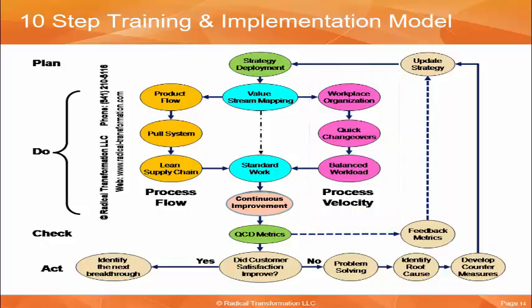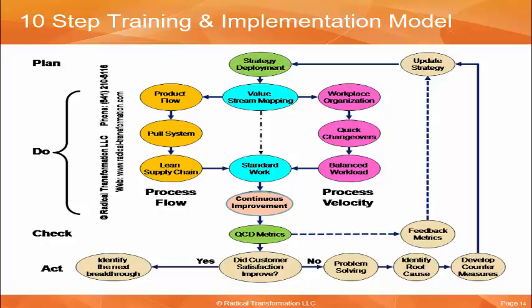So all of these things connect together, and then they feed down into the bottom into the quality, cost, and delivery metrics. And then it asks the question, did customer satisfaction improve? If it's yes, then you identify the next breakthrough, start from the top again, work all the way through, and do whatever it is that you need to do to improve that process to get through that next level of breakthrough.